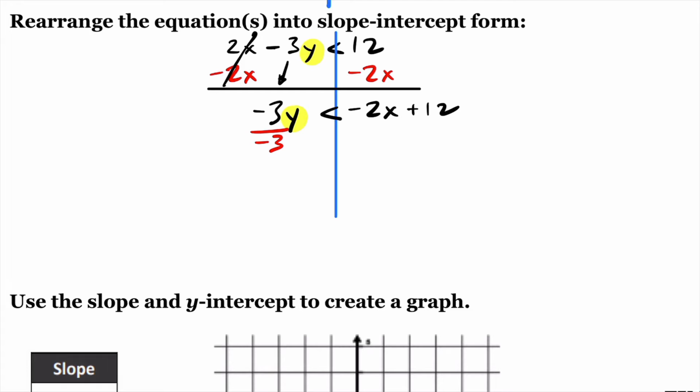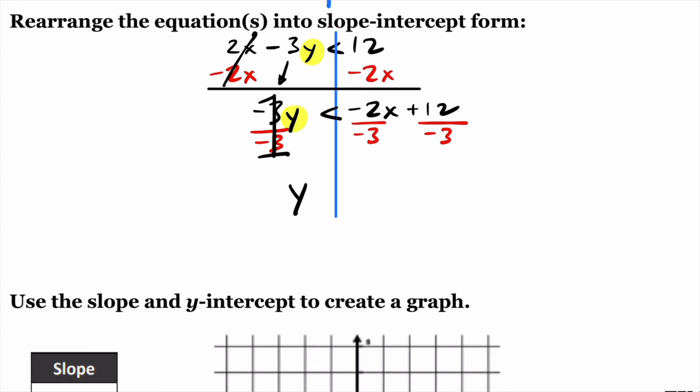So when I divide by negative 3, I got to divide everything by negative 3. So this guy by negative 3, this guy by negative 3. Okay, so negative 3 divided by negative 3 makes 1y. Now, what did I do that I did the last couple days that I need to?